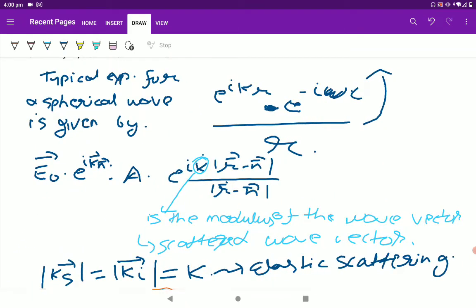So basically this is our main expression. We are going to put the value of r minus n vector in this expression.